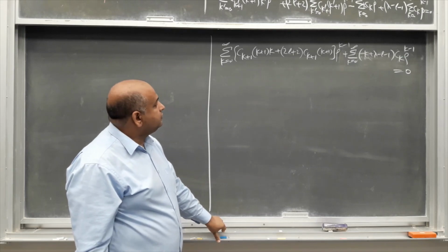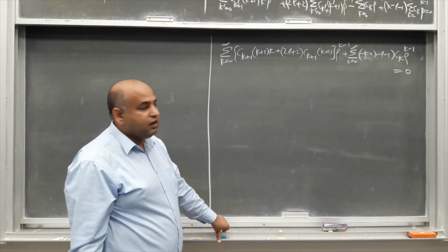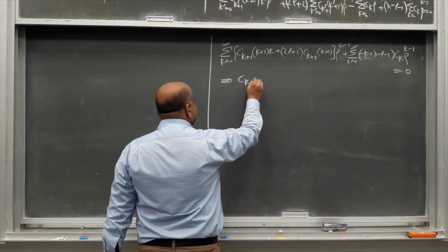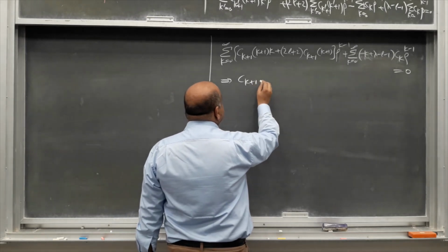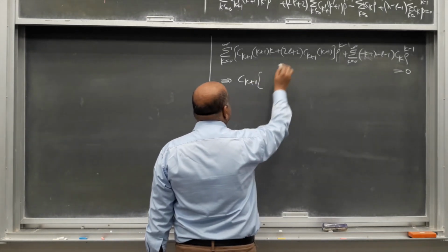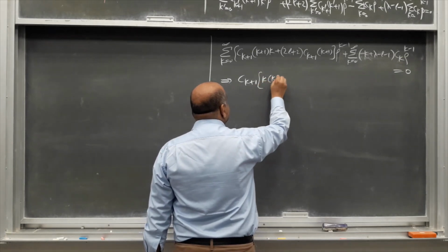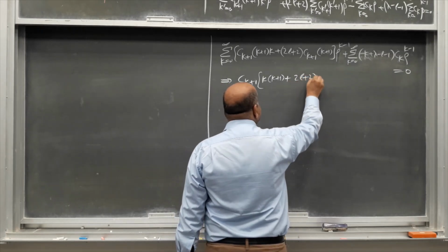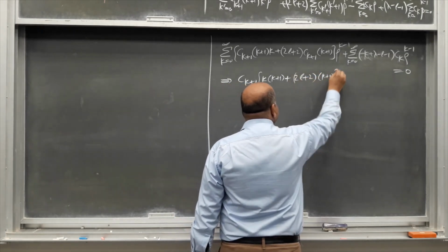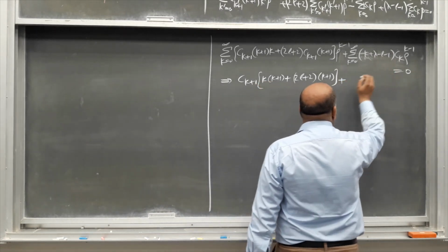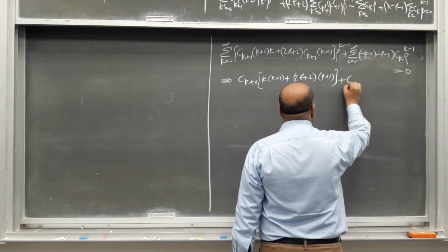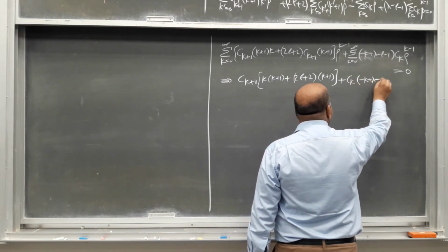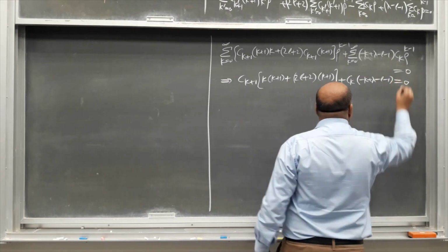So in general, this sum can be 0 only if all coefficients are 0, which means that c k plus 1, and in these two terms I get k into k plus 1 plus 2l plus 2 into k plus 1 plus, so over here the coefficient is c k minus k plus lambda minus l minus 1 equal 0.